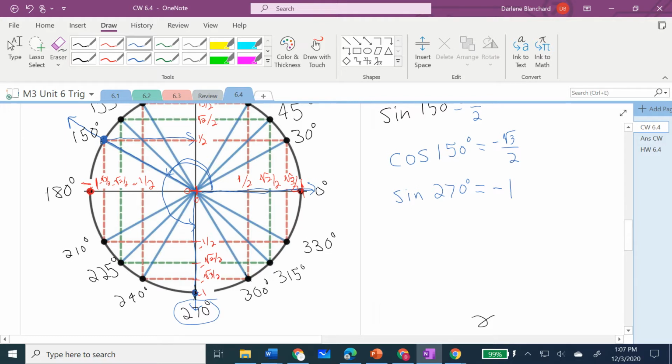Okay, what is the cosine of 270 degrees? It's the x coordinate of this point, and that x coordinate is 0. Good.